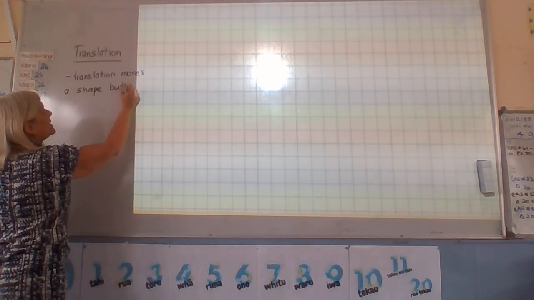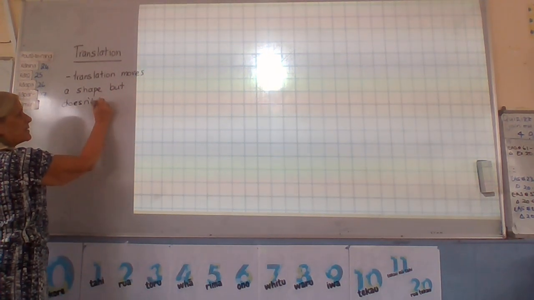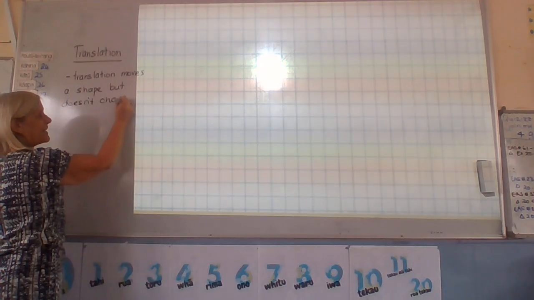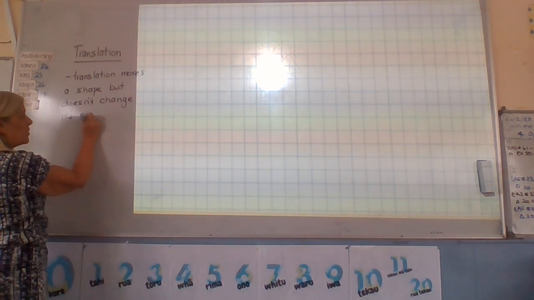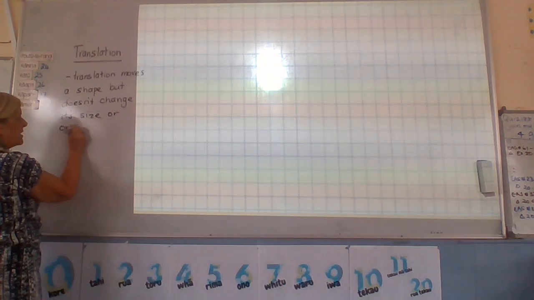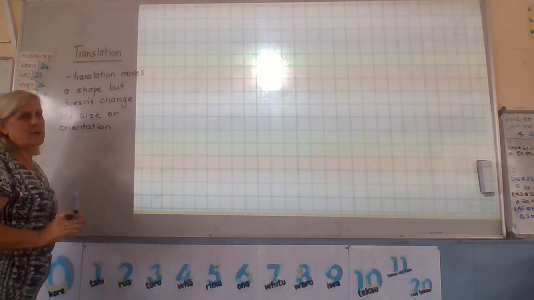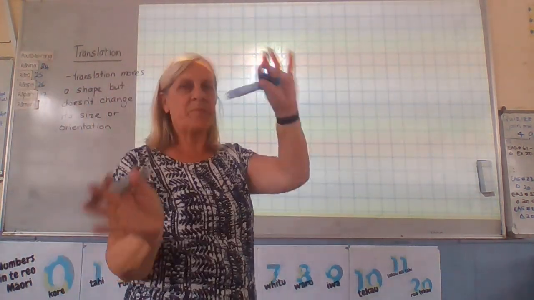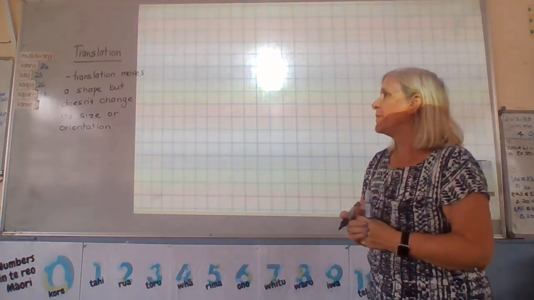But it doesn't change its size or, this is a big one, orientation. So it doesn't go upside down, doesn't go spinning around like rotations and things. It just moves across the page.